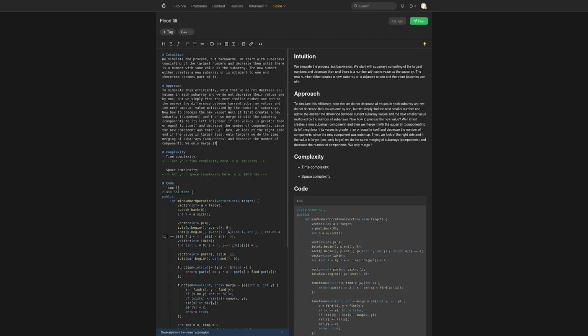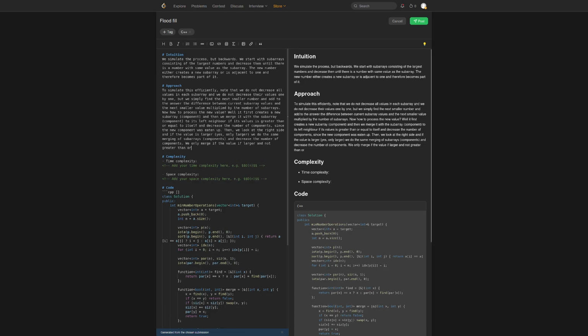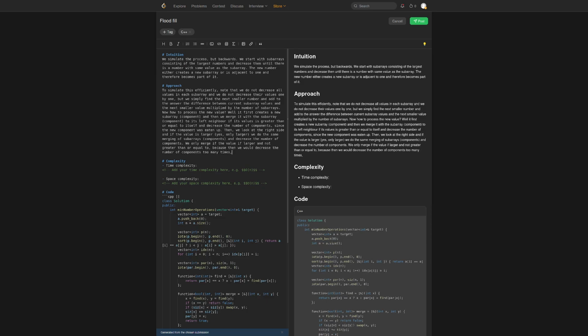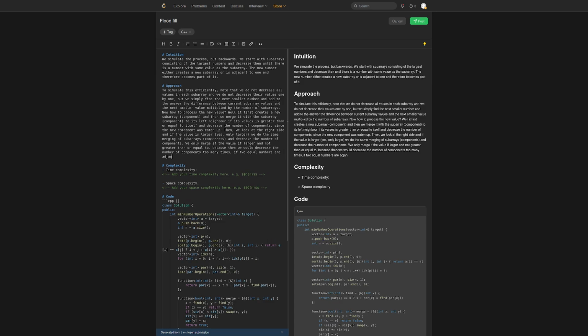We only merge if the value is larger and not greater than or equal to, because then we would decrease the number of components too many times if two equal numbers are adjacent, e.g. in 2, 2.